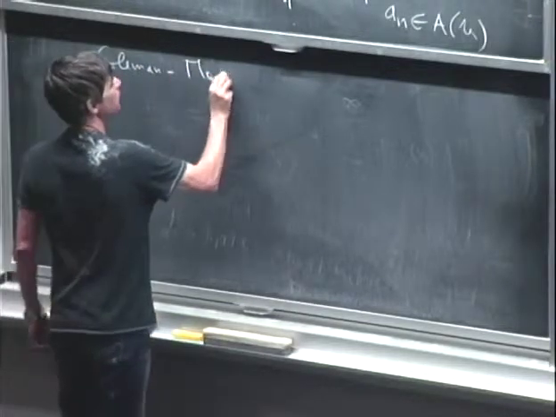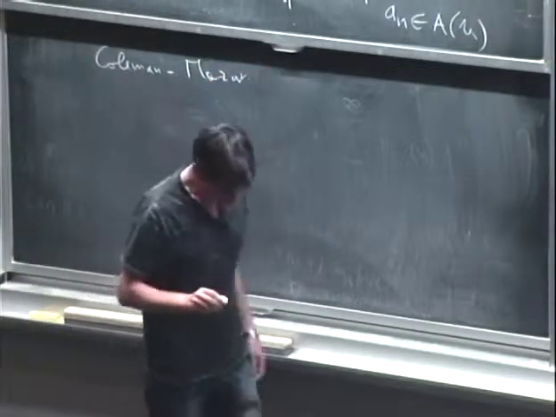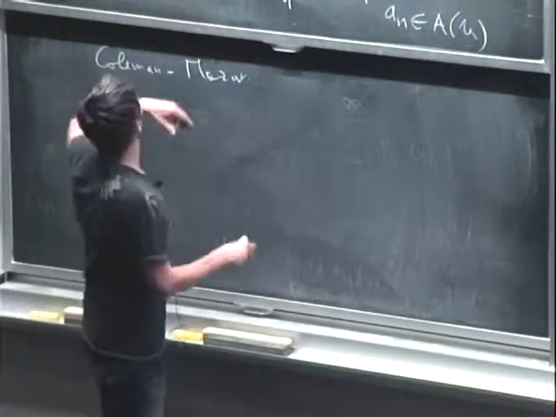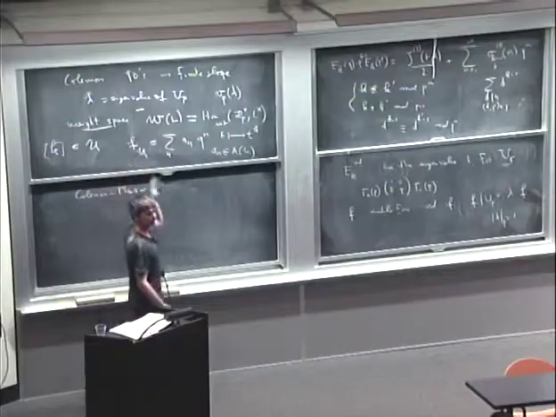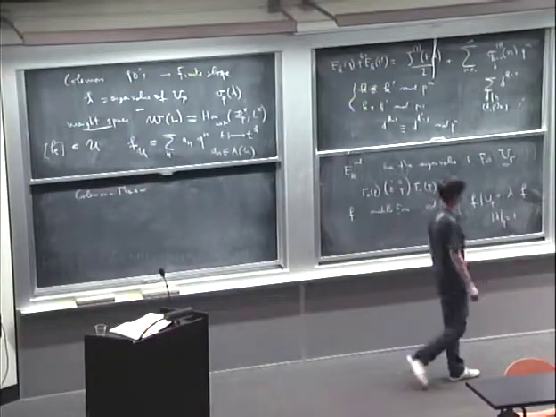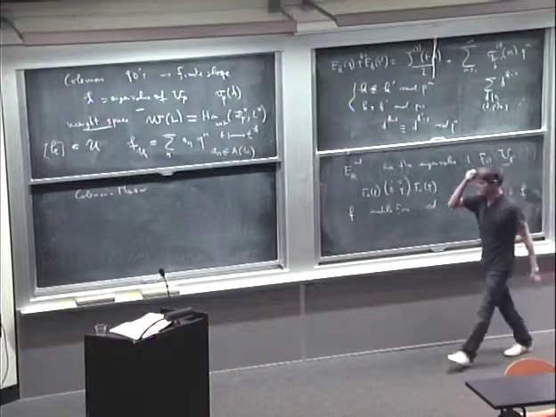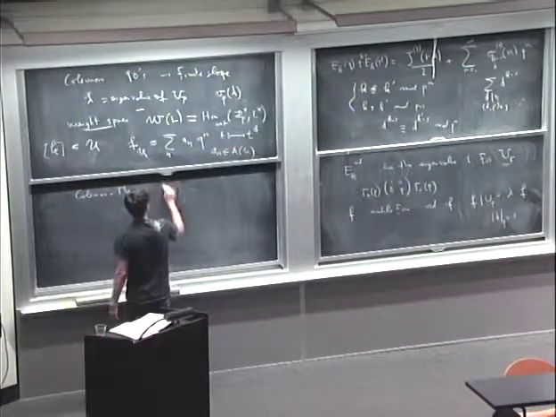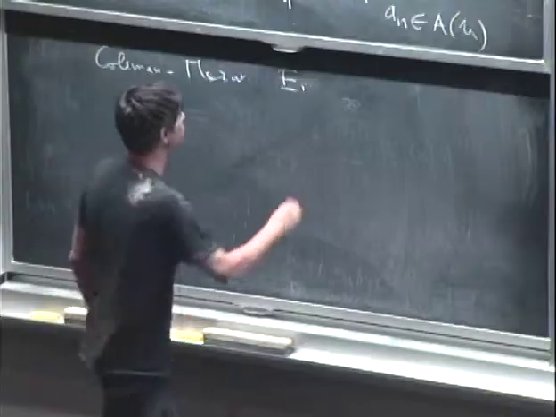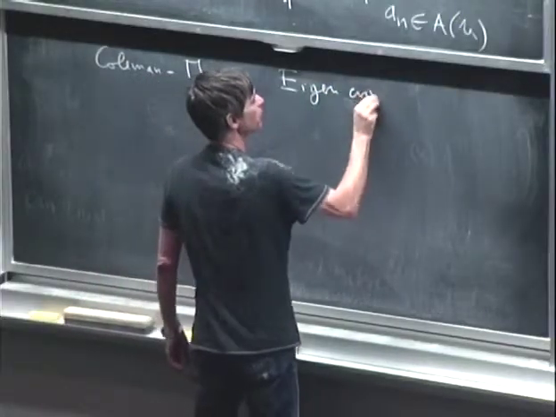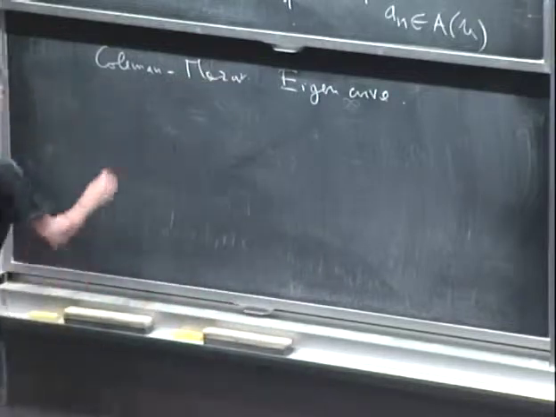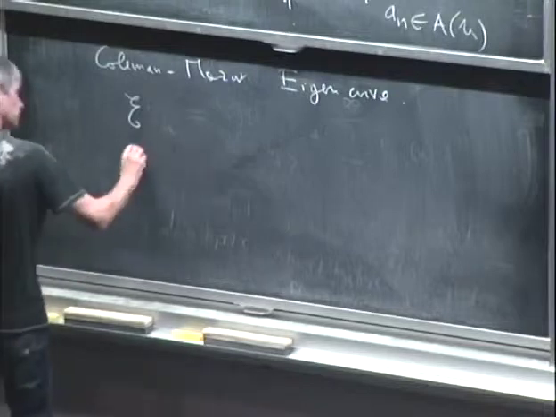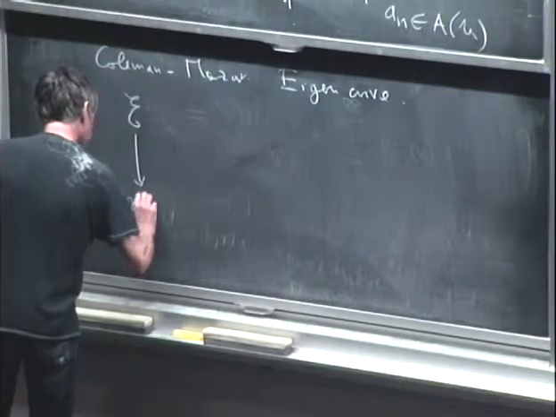Coleman and Mazur succeeded to actually patch all these families in a global object that exists in Hida theory, but that didn't exist in original Coleman theory, to obtain an analytic space, which they call the eigencurve. So the eigencurve is a rigid analytic curve that sits over the weight space.